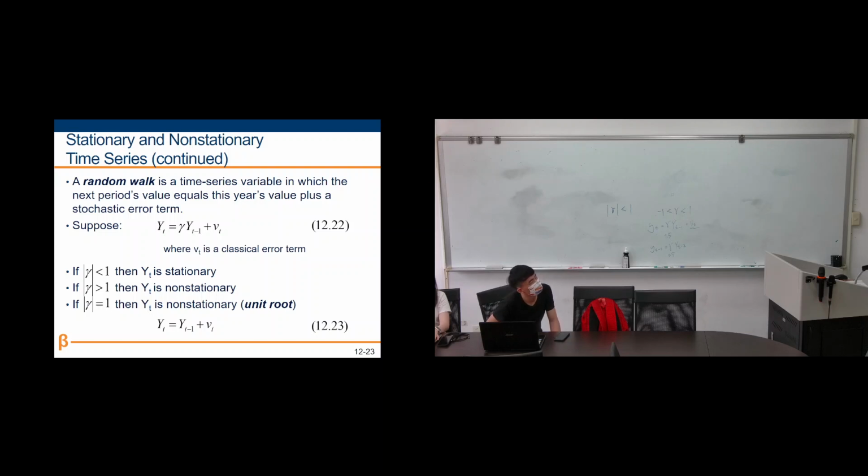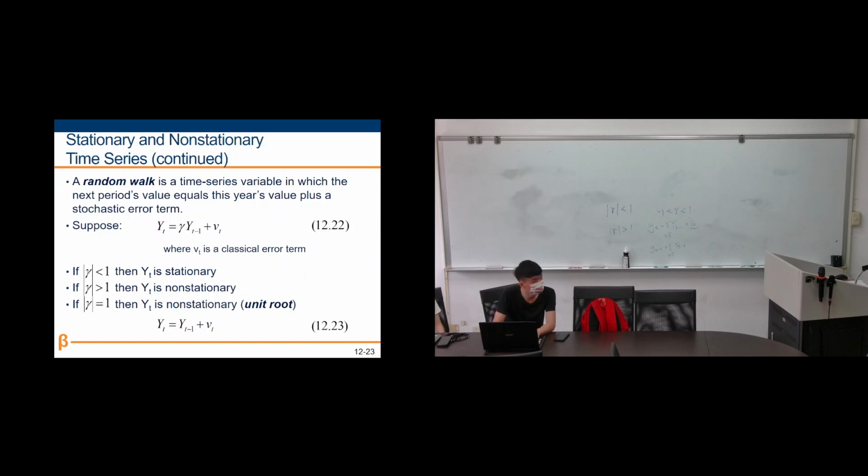So of course, if less than 1 is stationary, then greater than 1 will be non-stationary. If this is greater than 1, what does that mean? It means everything blows up.